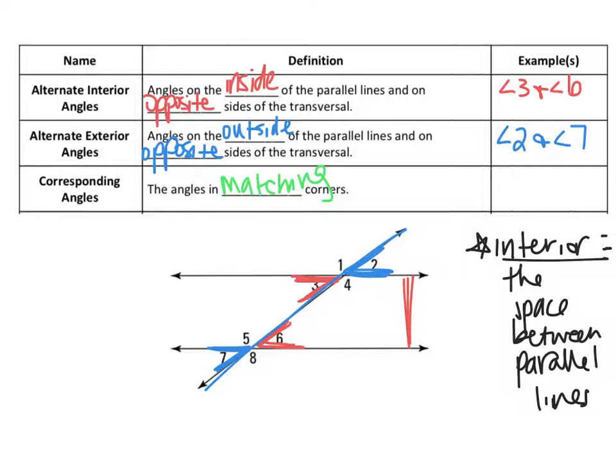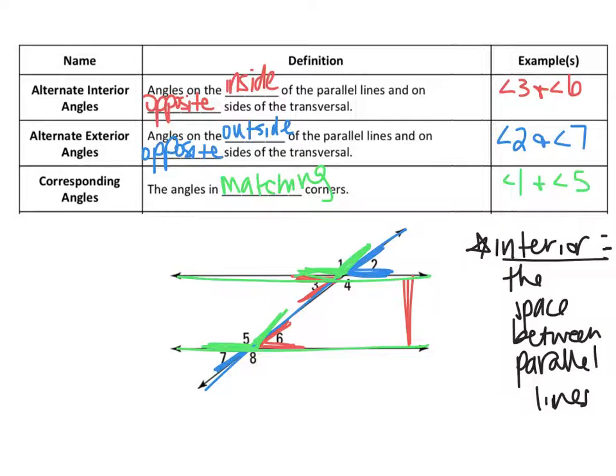So for example, if we take a look at angle 1, it matches up with angle 5. So they're basically in the exact same spot, just on the different parallel lines. So angle 1 and angle 5 would be considered corresponding angles.